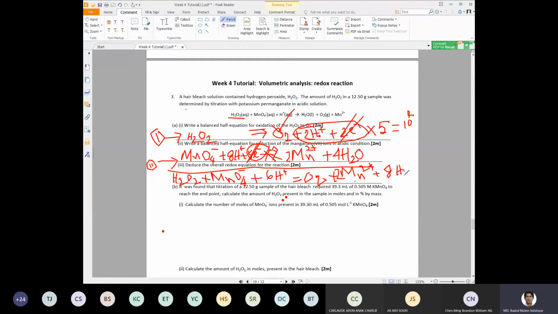And the first one I multiplied by 5, so it should be 5 here, sorry, and 5 oxygen, because I multiplied with 5. And I multiplied this one too, so 2 manganese. So this is how it is coming. This 5 hydrogen peroxide and 2 permanganate are reacting and producing this.